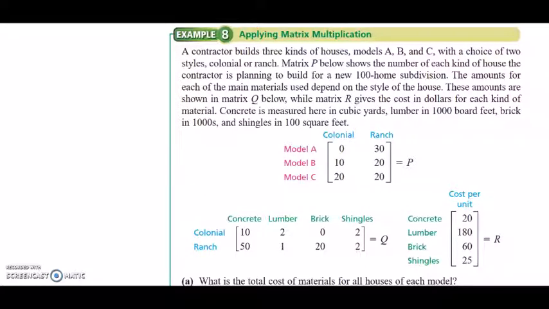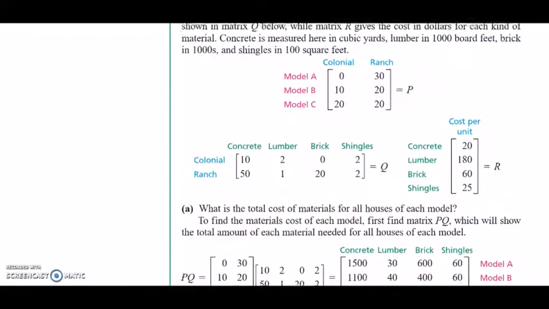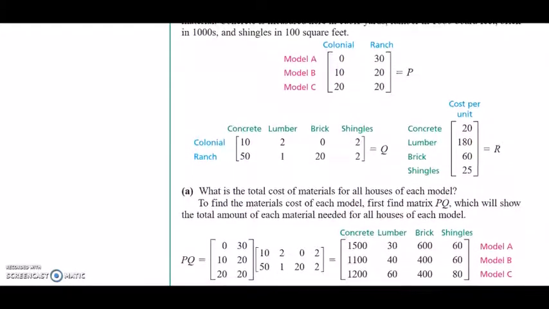The amounts are shown in matrix Q. Matrix R gives the cost in dollars for each kind of material. Concrete here is measured in cubic yards, lumber in 1,000 board feet, brick in thousands, and shingles in 100 square feet. So, what's the total cost of materials for all of the houses of each model?